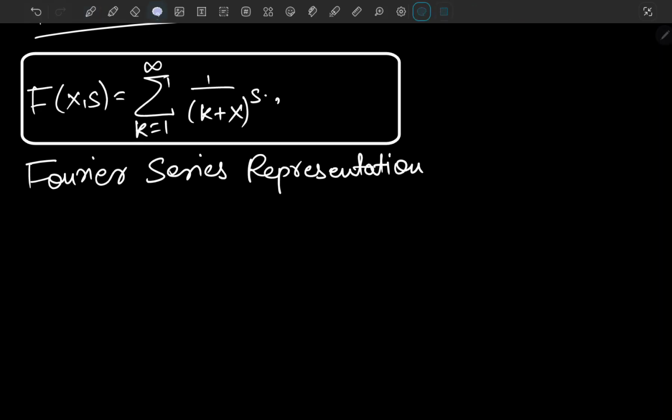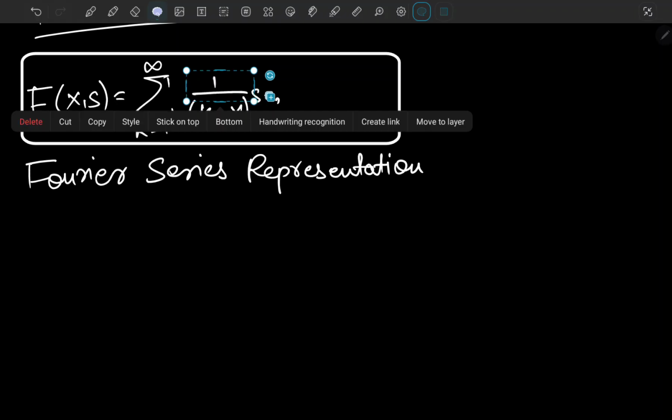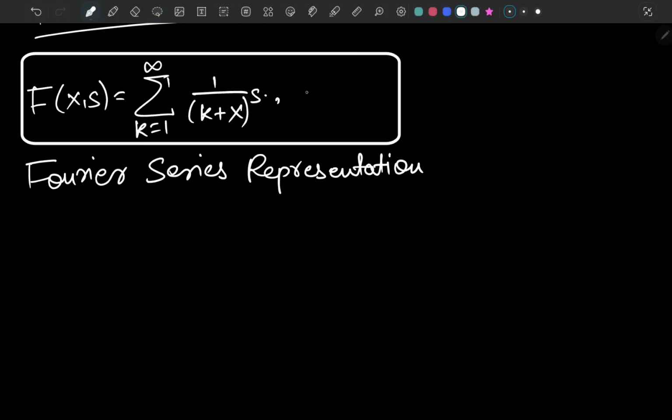Since s is a constant and not a variable, and x is the variable, x will be lying between 0 and 1. So the Fourier series representation of capital F of x comma s.